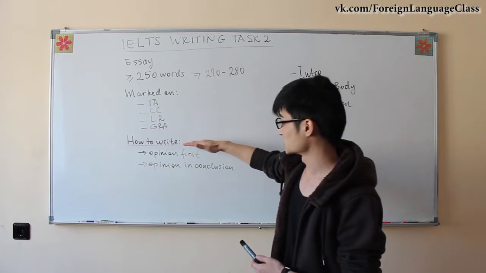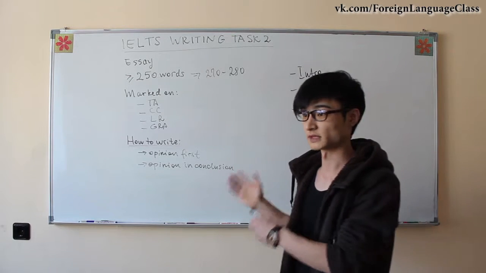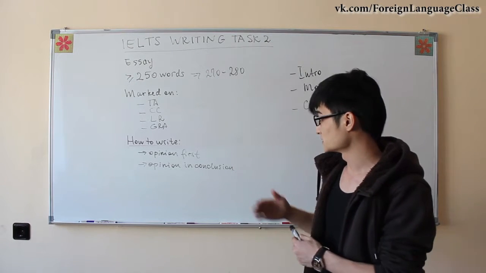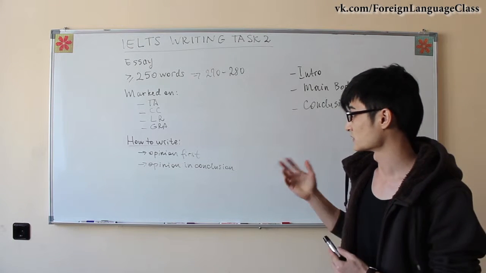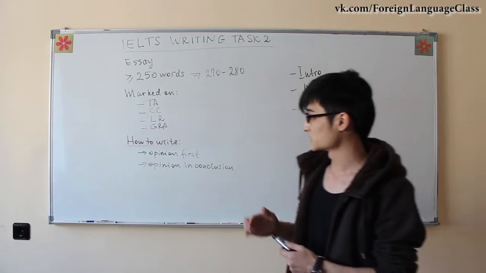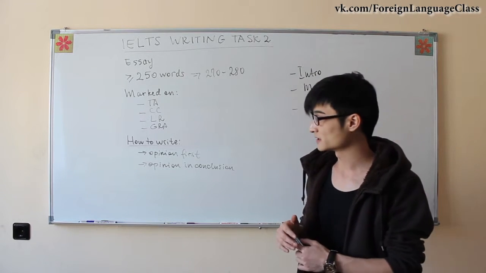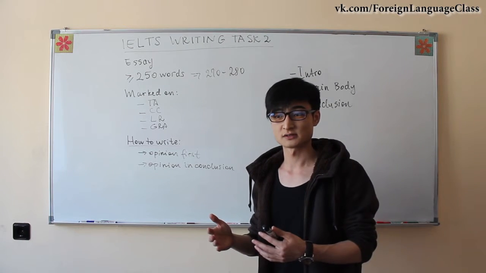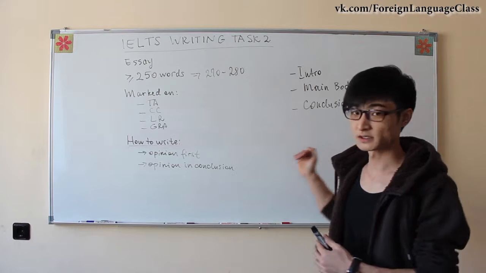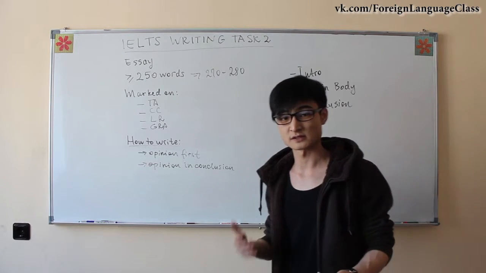So now let's look at how to write an essay. I would like to suggest you two options of writing an essay. First, opinion first. In this variant, you write your opinion right in the introduction, and then in the main body you explain your opinion, you give reasons for your opinion, give pros and cons.